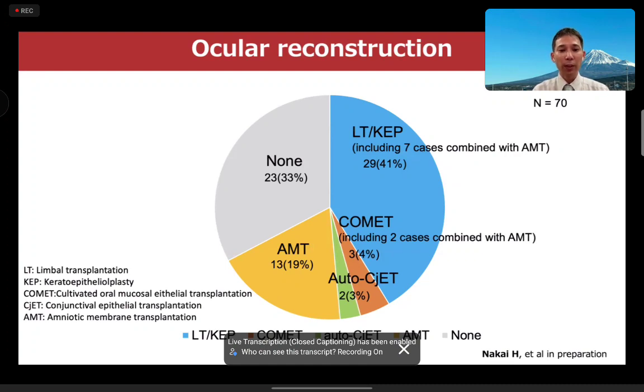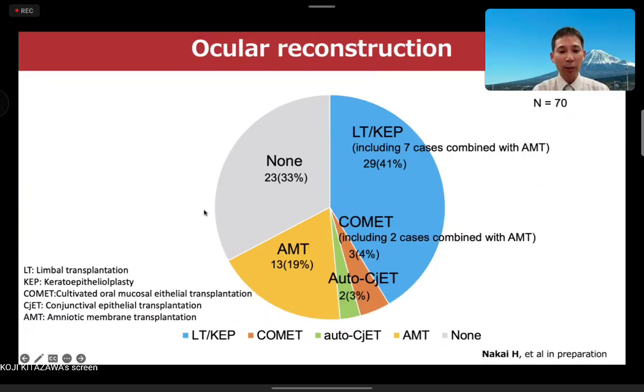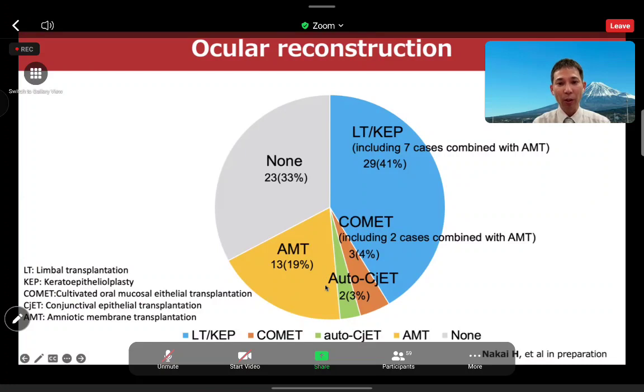But if it is large and still confined to the conjunctiva, we do amniotic membrane transplantation alone. If the tumor is embedded into the cornea, we need to perform limbal transplantation or keratoplasty. Sometimes we need to perform COMET, cultivated oral mucosal epithelial transplantation, and also autologous conjunctival epithelial transplantation.